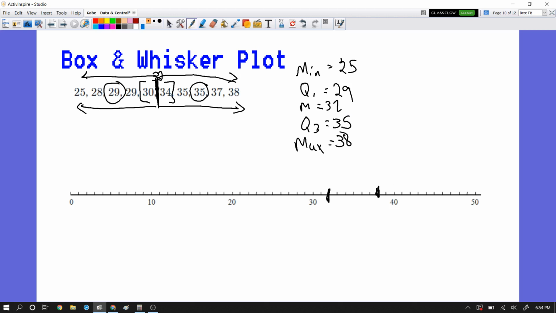Median 32. So we're already forming our box. There is quartile 1, median, quartile 3, and then our minimum was 25.